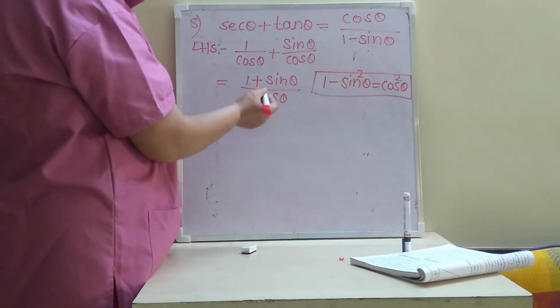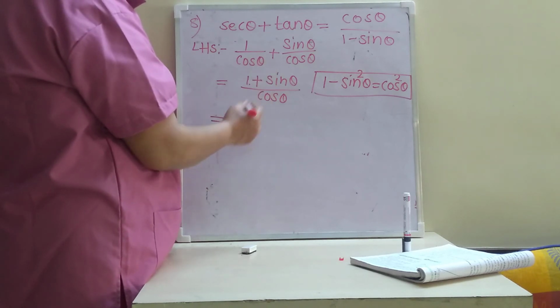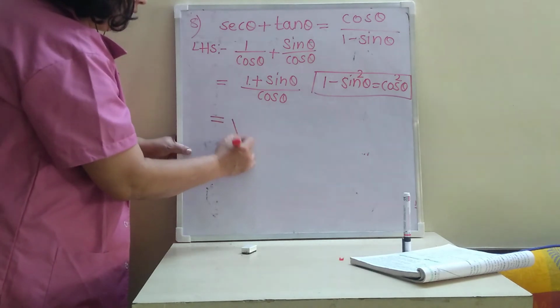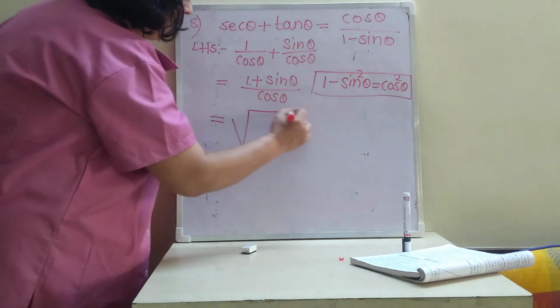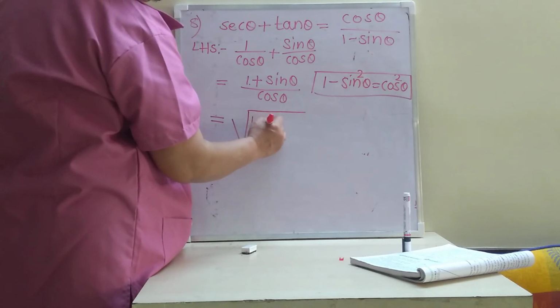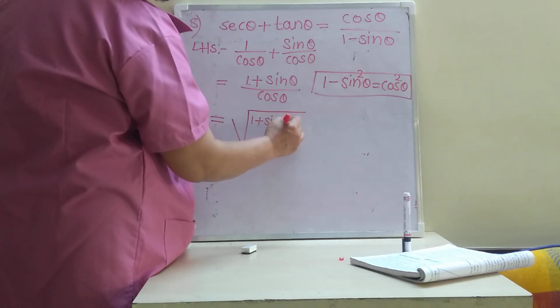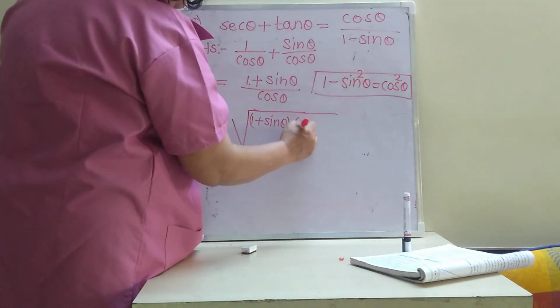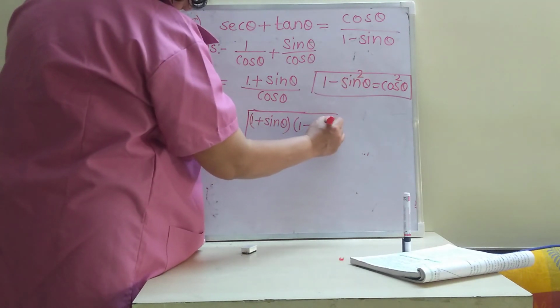We'll multiply first. See what is happening now. 1 plus sin theta, I have to multiply by 1 minus sin theta, correct?